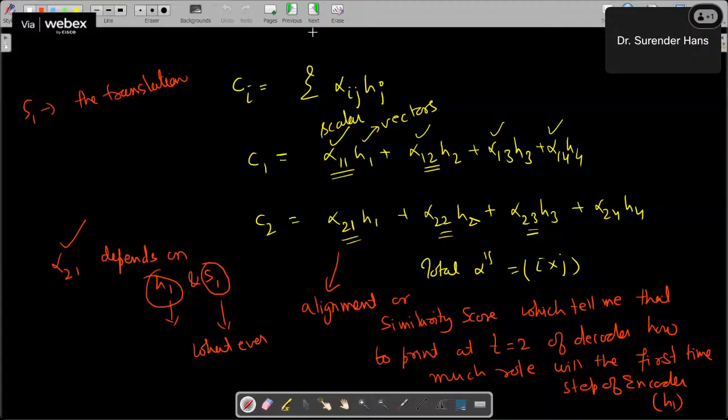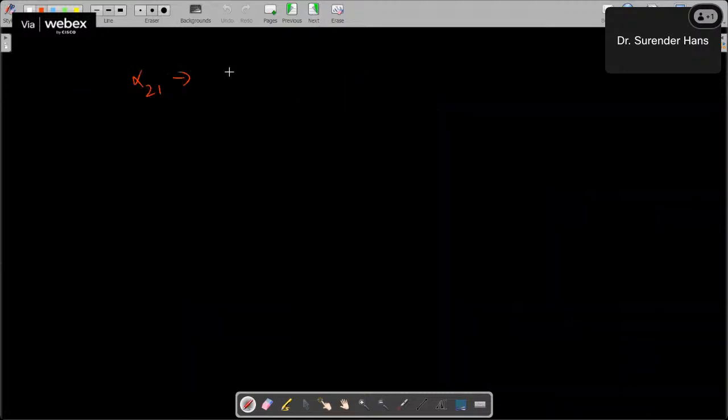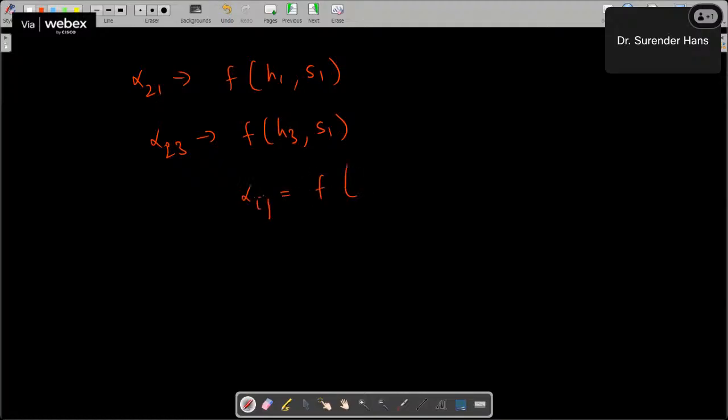Clear? So alpha 21 is a function of H1 and S1, and alpha 23 is a function of H3 and S1. So alpha ij is a function of Hj comma Si minus 1.